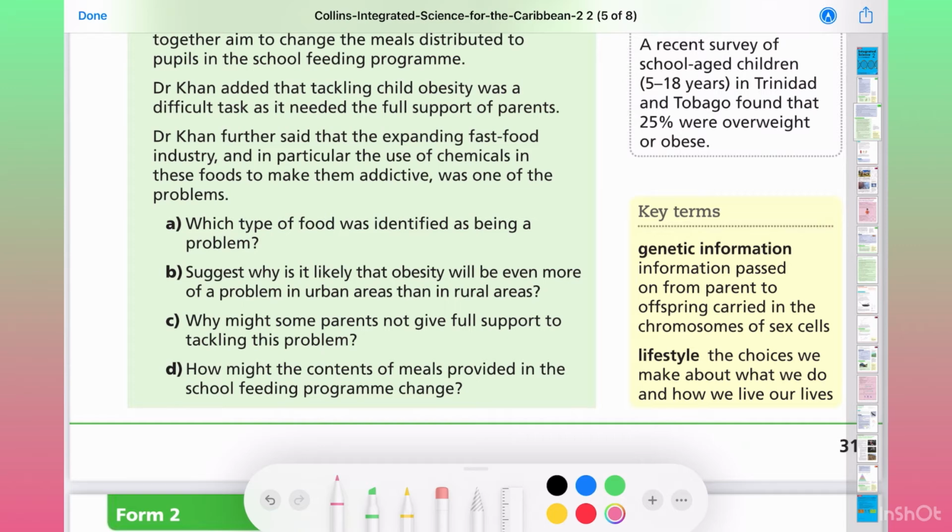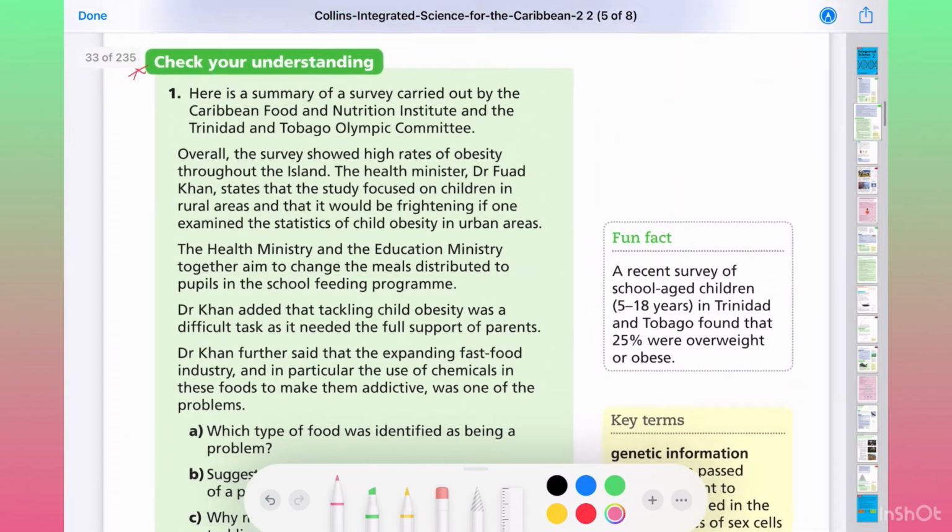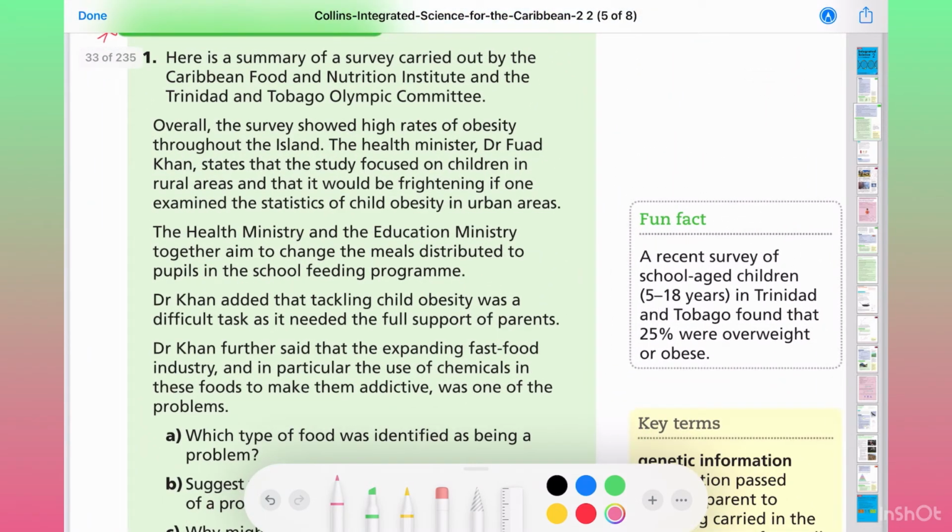Which type of food was identified as being a problem? So if we look at it, they are saying that fast food is one of the areas that is leading to be a problem, right?